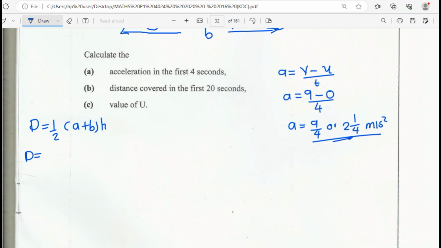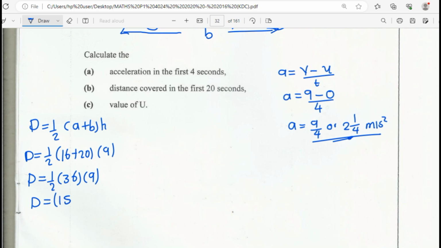So distance is equal to half, then 16 plus 20 times 9. So 20 plus this will give us 36 times 9. Half of 36 is 18 times 9. So how can we multiply these numbers?